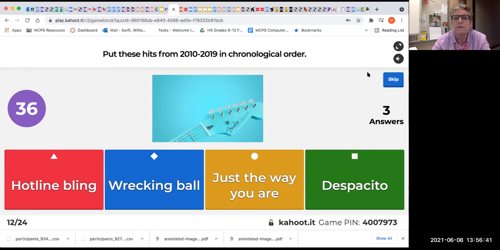That would be the guitar of preference for Jimi Hendrix. The Fender Strat comes with a whammy bar. All right, we got 4. Let's go. Wrecking Ball, Hotline Bling, Just the Way You Are, and Despacito. What the heck?